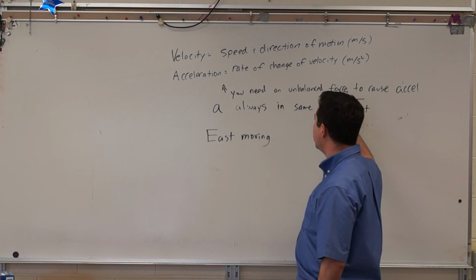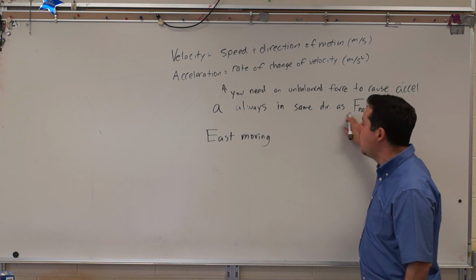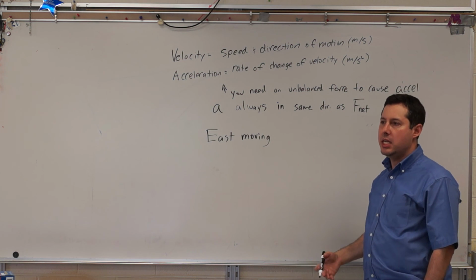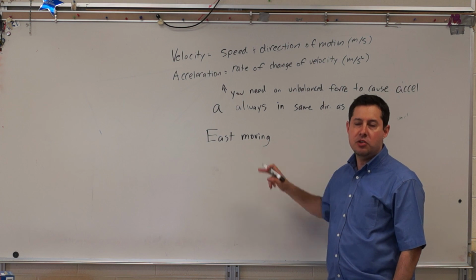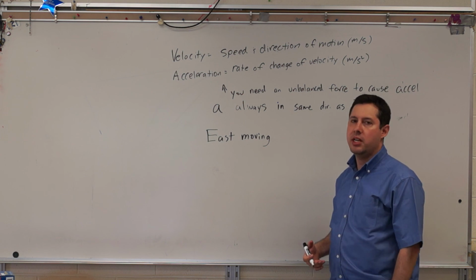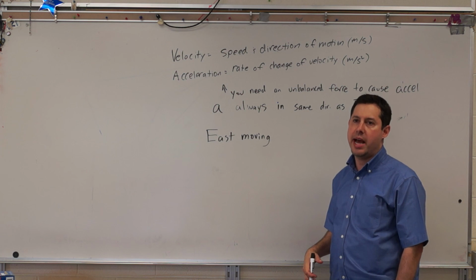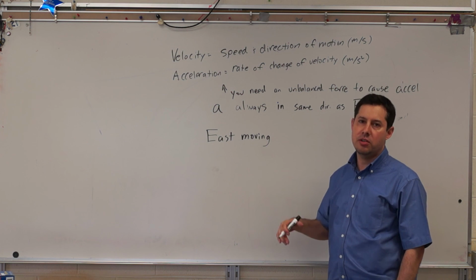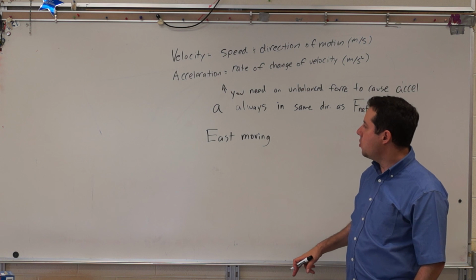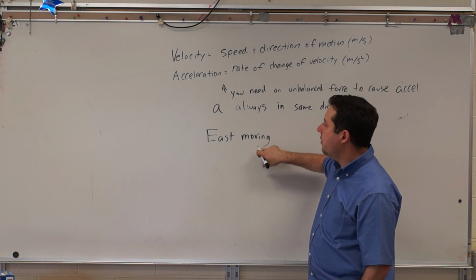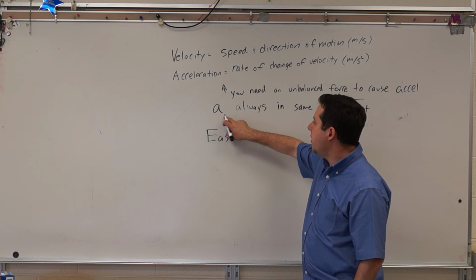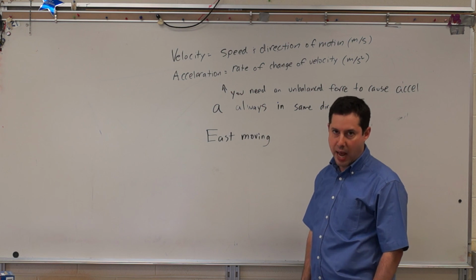And if you're pushing it to the east, that means your acceleration is also to the east. If you want to slow it down, you've got to push it to the west, in the opposite direction. So even though its velocity was east, if it was slowing, its net force and its acceleration would be to the west.